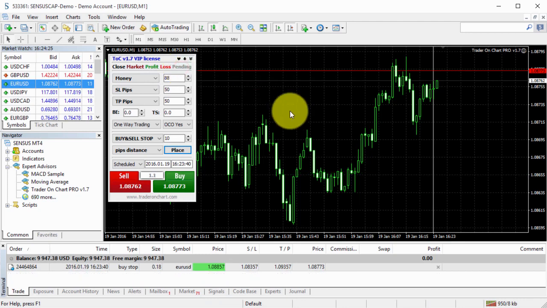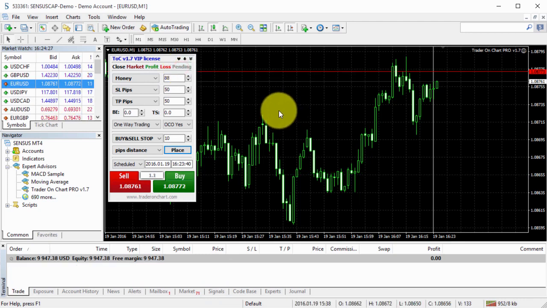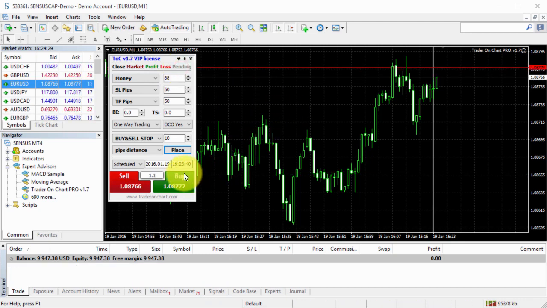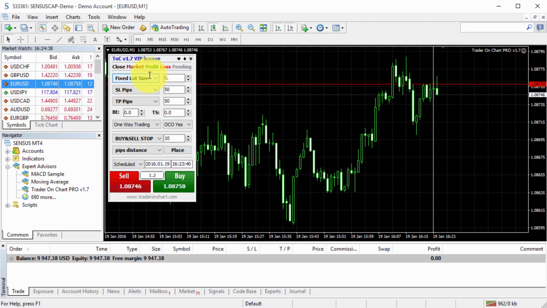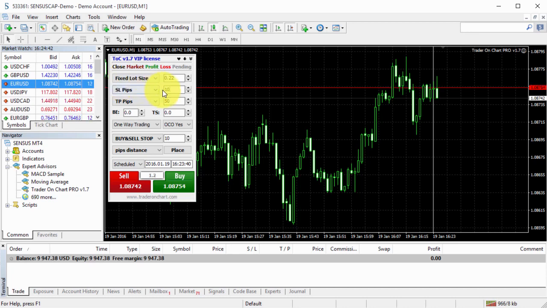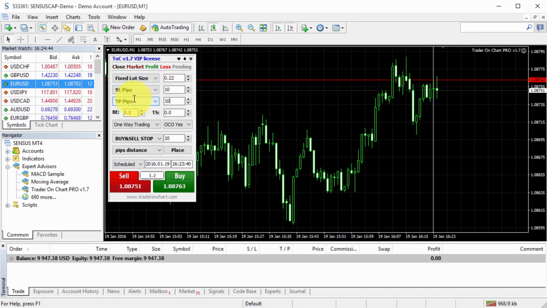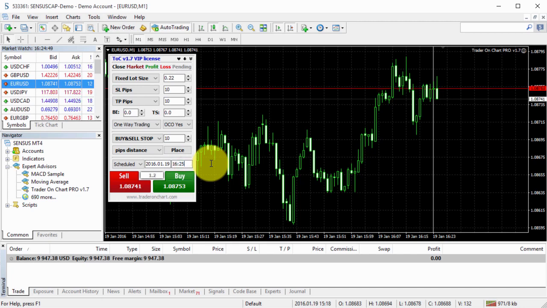and let's close them. So let's try to schedule something else. Let's try to schedule, let's say, fixed lot size of 0.22 with stop loss of 10 and a take profit of 10, and let's schedule it at 25 minutes and click buy.